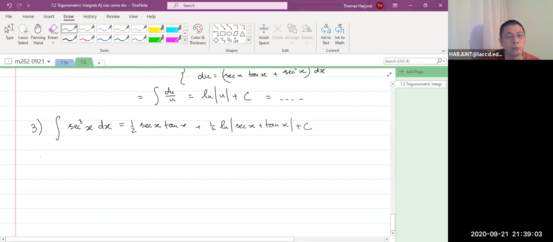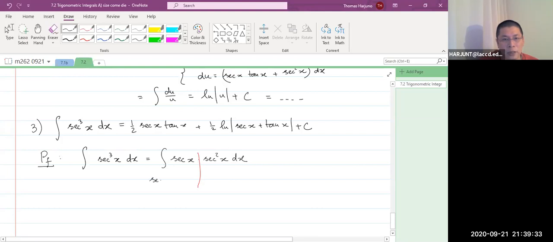Proof. The proof is in the book, but I want to go over this because it's so important. The integral of secant cubed x dx is equal to, we will break it up this way, secant x times secant squared x dx. And then we do integration by parts. The derivative of secant x is secant x tangent x.